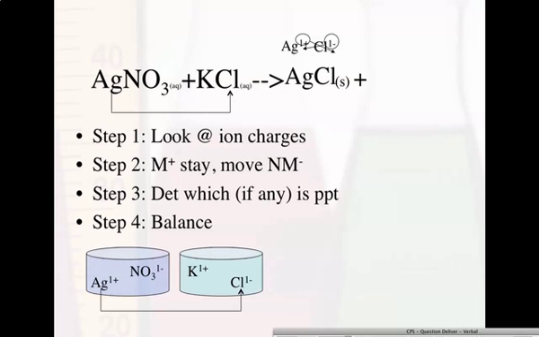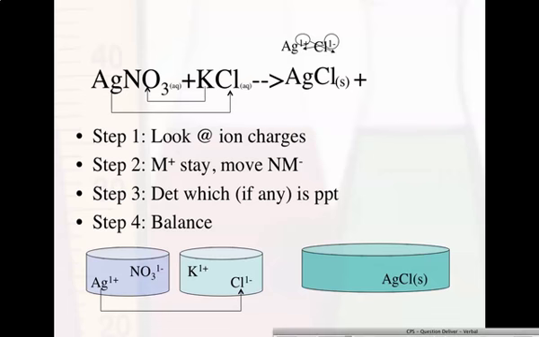It's the precipitate that would form. So we know that we're going to have a reaction here, but I can't balance it until I've done my other ions. Okay, not dissolving. It's a solid.